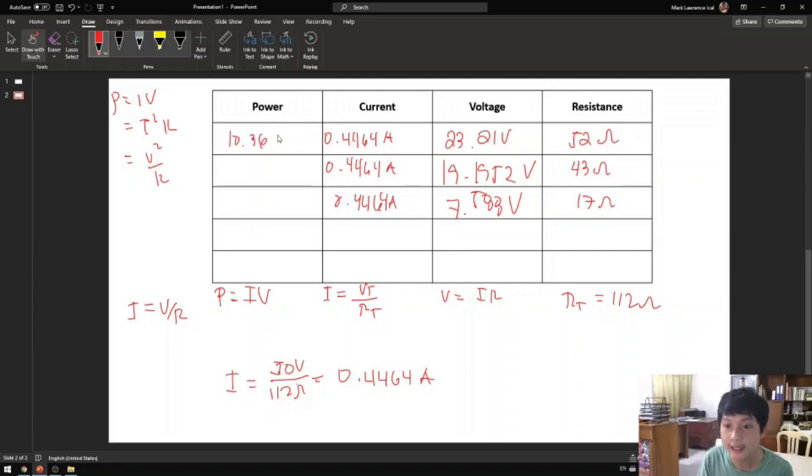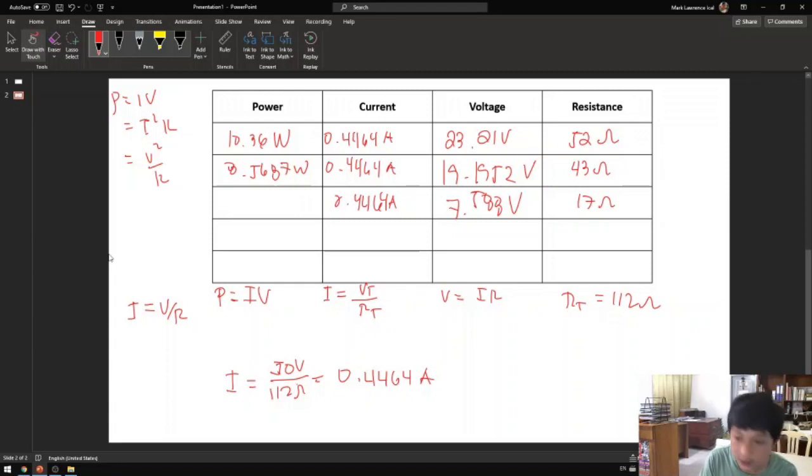The unit is watts. How about this one? 0.4464 times 19.1952 is 8.5687 watts.